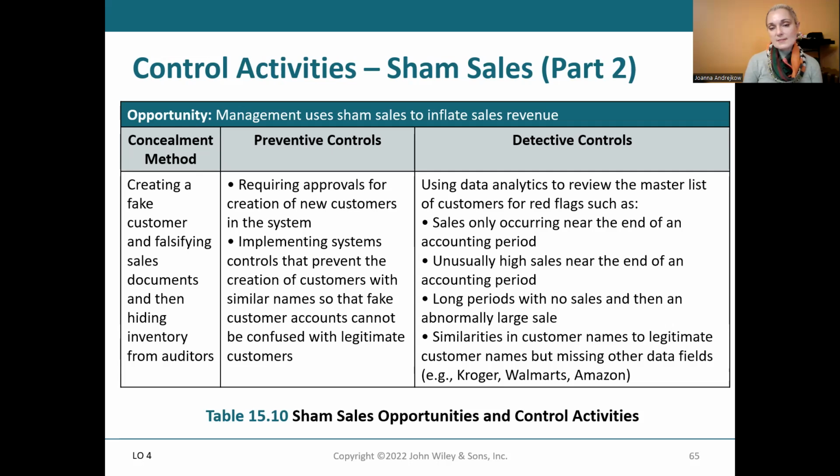And our detective controls are using data analytics to review the master customer list for red flags, such as sales only occurring near the end of the accounting period to a certain customer, unusually high sales near the end of the accounting period, long periods with no sales, and then abnormally large sales without any explanations, and similarity in customer names to legitimate customers, but missing other data fields.